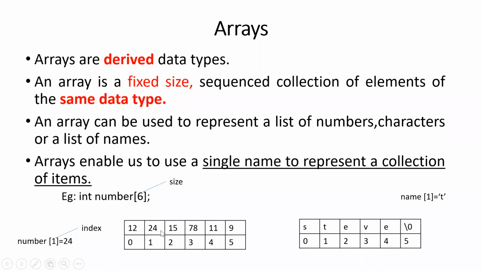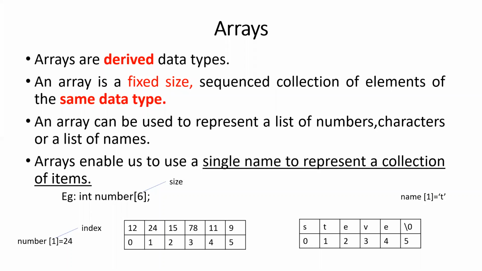Suppose I want to store the numbers 12, 24, 15, 78, 11 and 9 with a common name called number. I can use an array. So we will be using a single name to represent a collection of items. We will learn how we use arrays, but for the time being, you have to understand why.